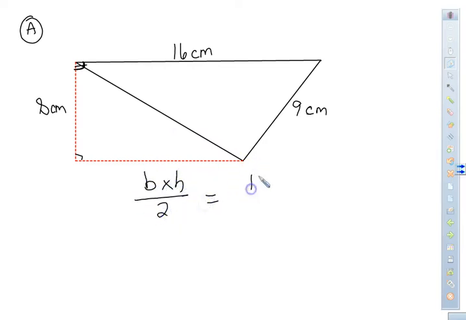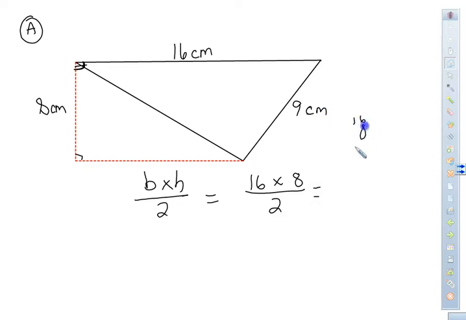So my base is 16. My height, again, has to be connected with that perpendicular line, which is 8. And we're going to divide that by 2, or you can multiply it by half. Most of my students are probably going to want to divide by 2, but you can plug that in your calculator and multiply it by 1/2. It's meaning the same thing, and I know we've spoken about that a lot through the months.